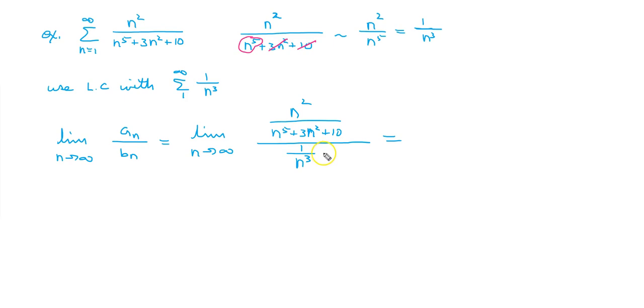So when we flip this up, we're going to be like multiplying this by n cubed over 1. And we get that this is the limit now.